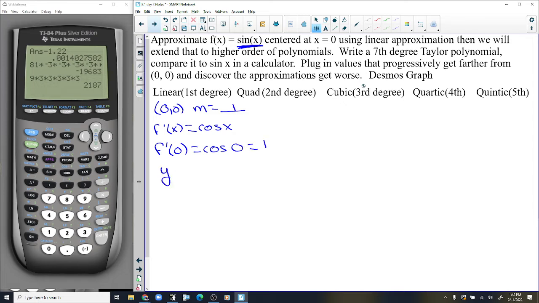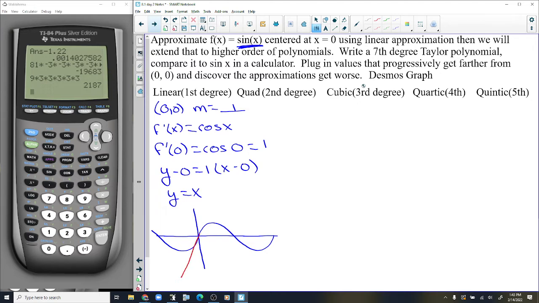Well, we have y minus 0 is equal to 1 times x minus 0. There's the line that approximates the curve. In other words, it's y equals x. Here's sine, roughly. And we're using a line, y equals x, to approximate the curve at 0.